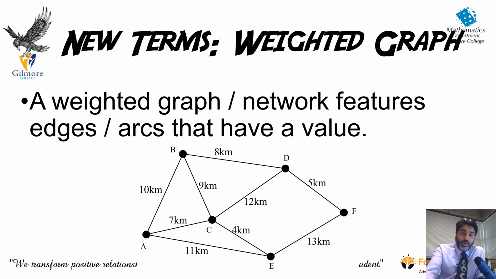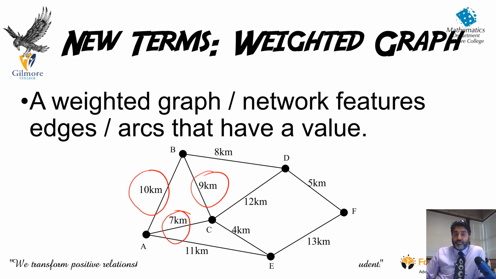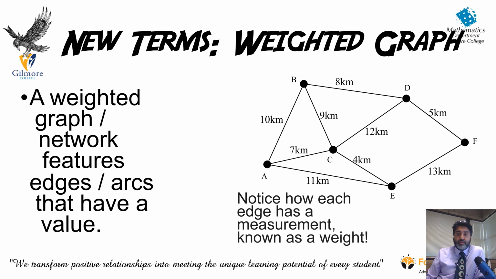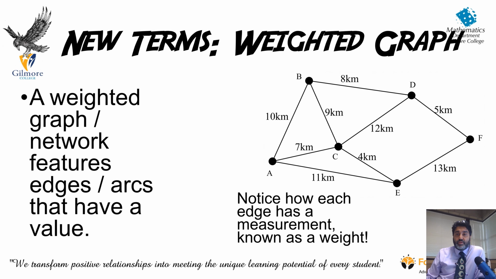A to B is 10 kilometers long, A to C is 7 kilometers, 9 kilometers between B and C, and so on and so forth. Each edge has a weighting, a measurement, which indicates that it has weight.